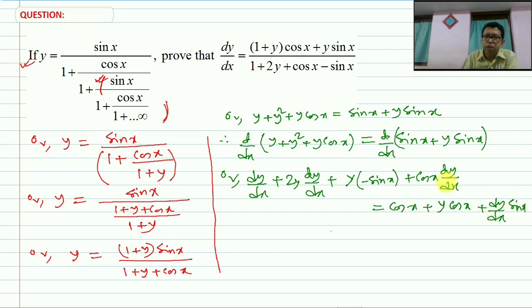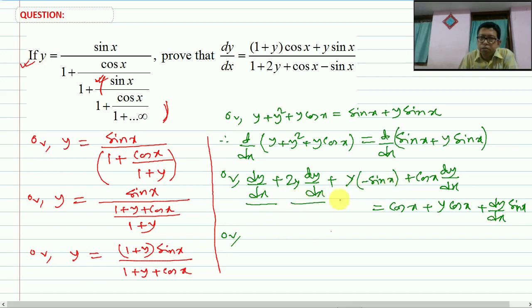So plus dy/dx into sin of x. Now all the dy/dx terms will be on the left, the other parts will be on the right. This is dy/dx, this one is also dy/dx, this part is dy/dx, this part is dy/dx. So take dy/dx common, and in the bracket it is 1 plus 2y plus cos x, and this is minus sin x.